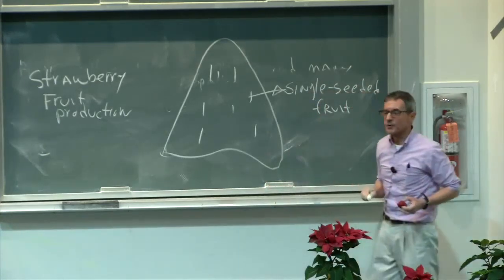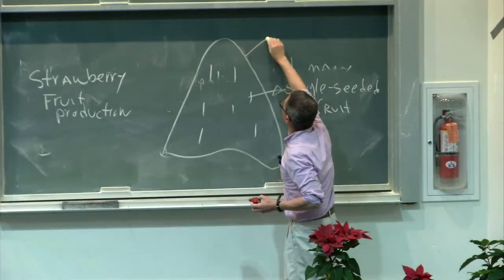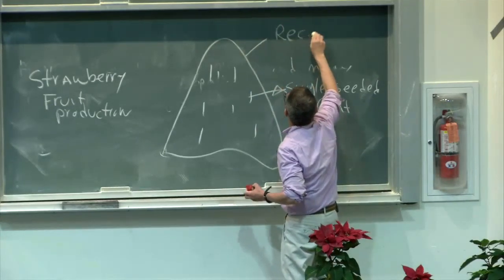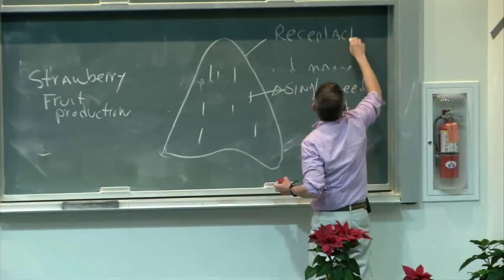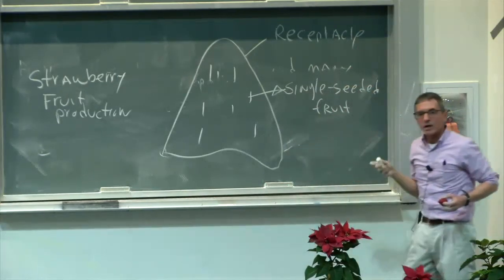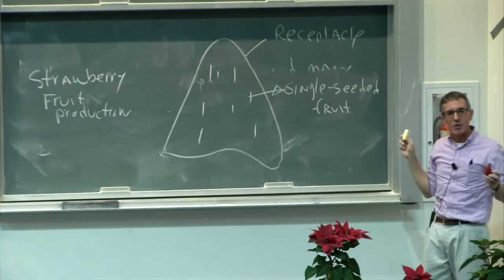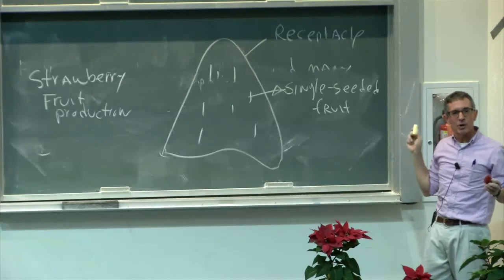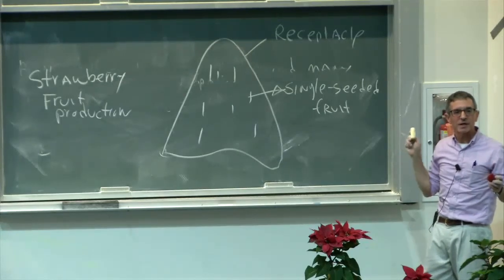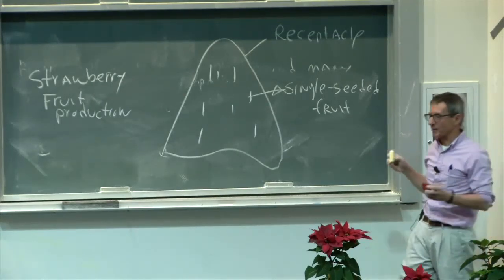A single seeded fruit. And they decorate this structure, which is known as a receptacle. So let's just put this aside now for a moment, and we will return to it when we talk about another aspect of the experimental approach to fruit development.